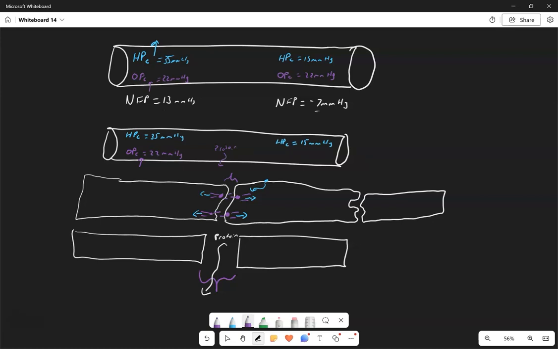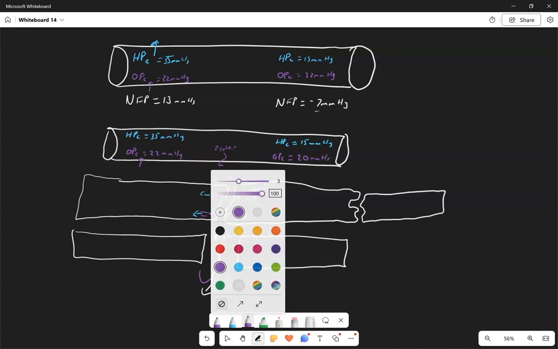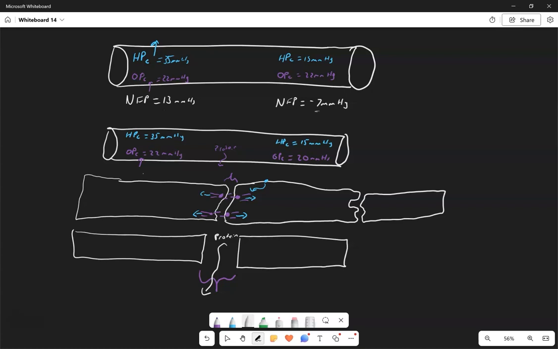So if we do that, how do you think that will impact the osmotic pressure of the capillary? That's going to drive it down. And let's just say it drives it down to 20 millimeters of mercury. So now we have a net filtration pressure equal to 13 millimeters of mercury at the arterial end, whereas down here at the venous end, we now have a net filtration pressure of negative 5 millimeters of mercury.